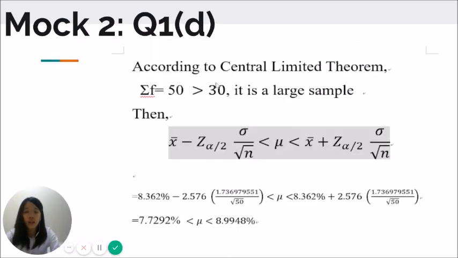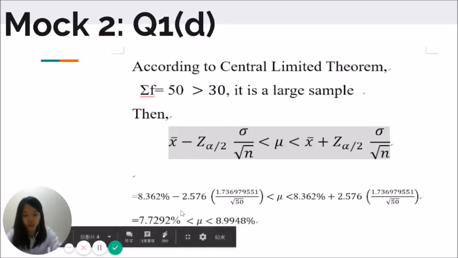According to the central limit theorem, because the summation of F equals 50, which is larger than 30, this is a large sample, and we have to calculate the confidence interval using this formula. The corresponding Z value according to the Z table will be 2.576.